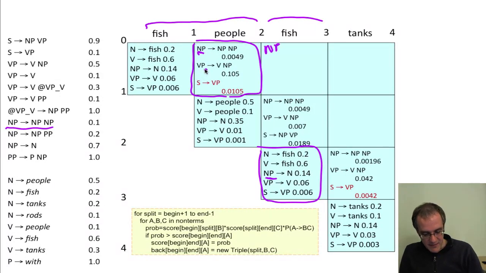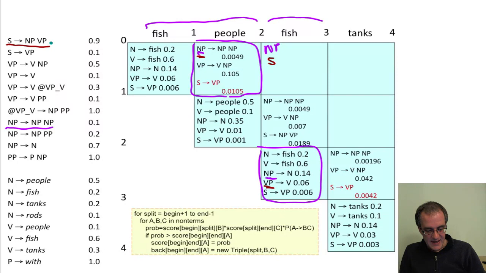And we have an NP and a VP, so that allows us to build an S using this rule. And well, it seems like we can't actually build a VP over that span doing things that way.